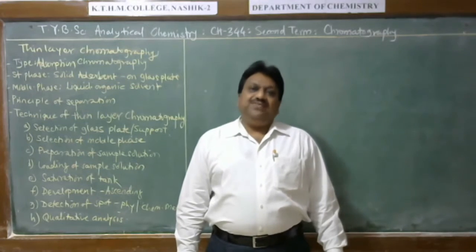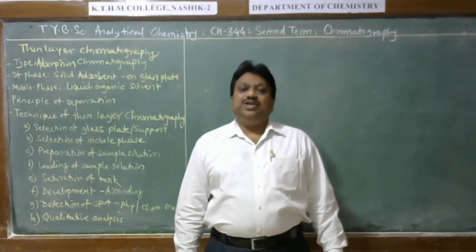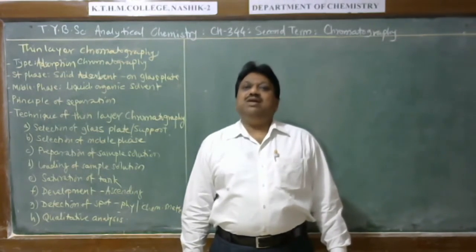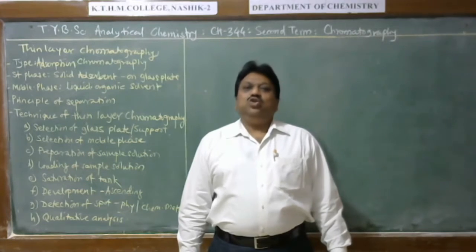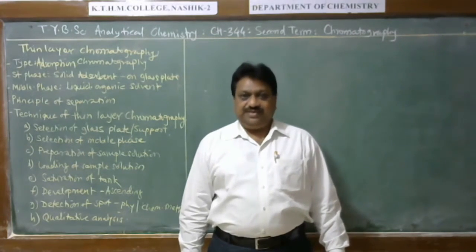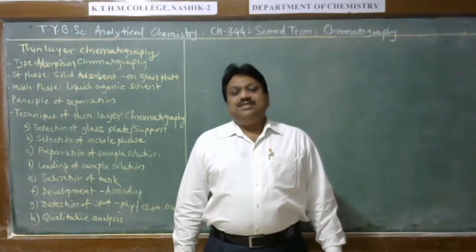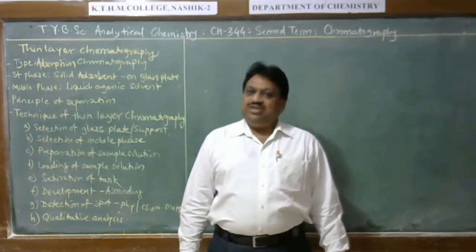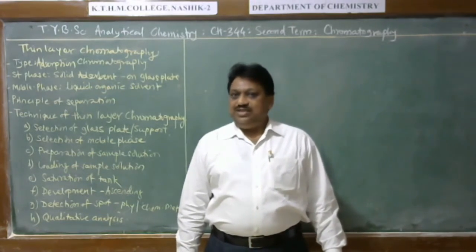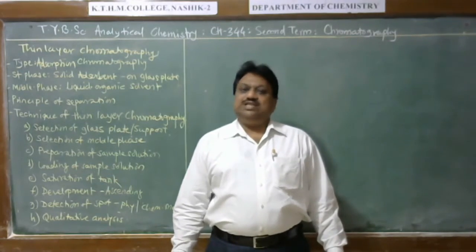If the stationary phase has the capacity to hold a particular molecule strongly, that means that molecule has more capacity to form a hydrogen type of bond with the stationary phase. Therefore, a solute which has the capacity to form more bonding with the stationary phase will be strongly adsorbed on the stationary phase. That means it will move at a slower rate.